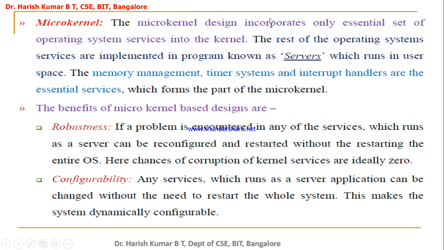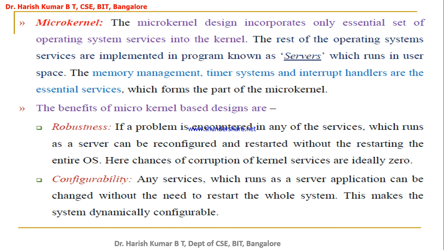By incorporating only the essential set of operating system services into the kernel. Don't put all the services into the kernel; put only the most essential services into it. This way you can make the kernel much lighter, and the kernel can also run much faster.